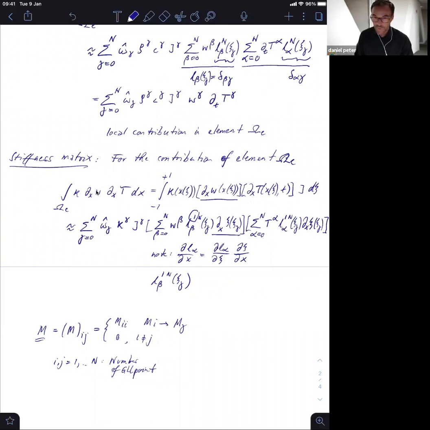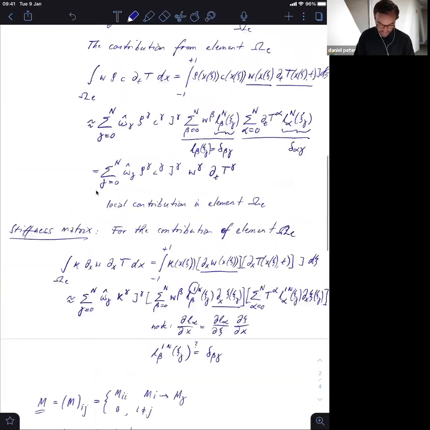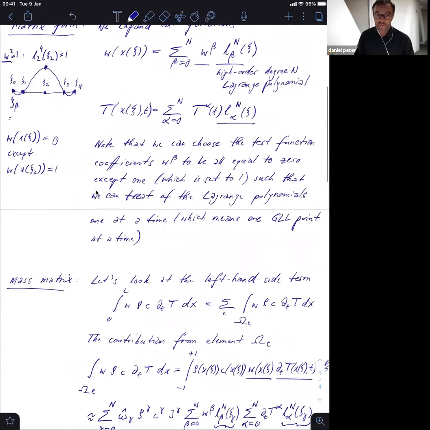Now we have the derivative of the polynomial evaluated at xi gamma. Is that still the delta function or not? Let's look, for example, at this little figure with one of the polynomials. What do you think about the derivative of the polynomial evaluated on the GLL point? Zero?